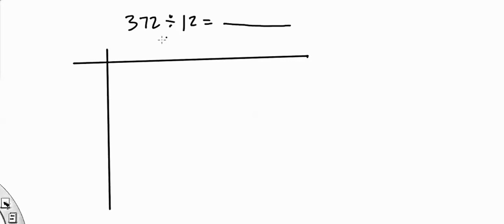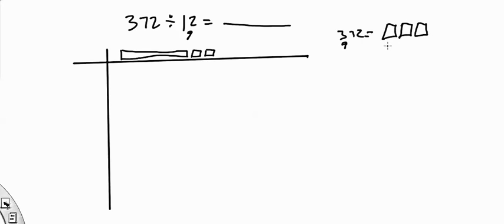First we start with our divisor, which is 12, and we're going to draw that in base 10 form. Right here. There's 10 and 2 1s. Now over here we're going to draw 372 in base 10 form. So we're going to need 3 100s. Remember our place value. 1, 2, 3.